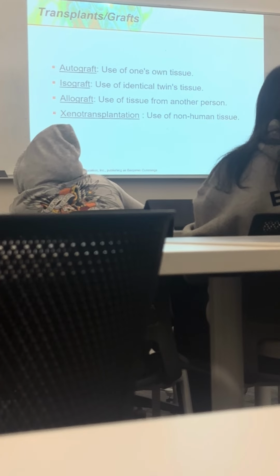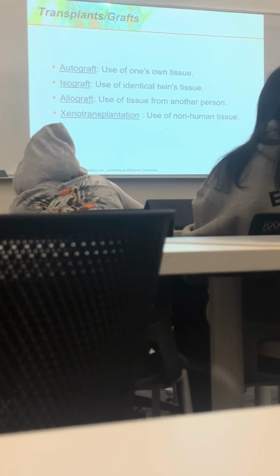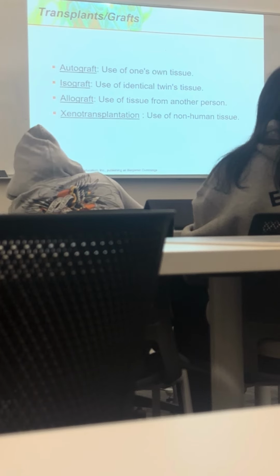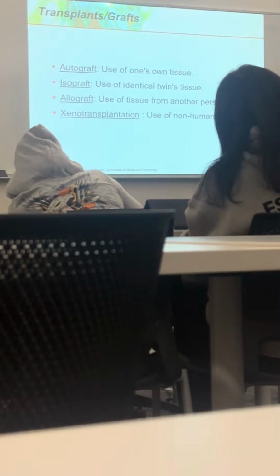So the cool thing about using something like a pig to do a heart transplant is that we can use recombinant DNA technology to make sure that these pigs don't express a specific protein that would be recognized.